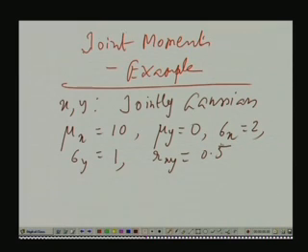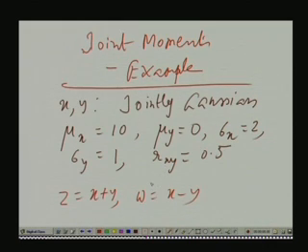And you obtain two random variables z and w as a function of x and y. In fact, as just linear combinations of x and y, it is given that z is equal to x plus y, w is equal to x minus y. What we have to find out is the moments for z and w.